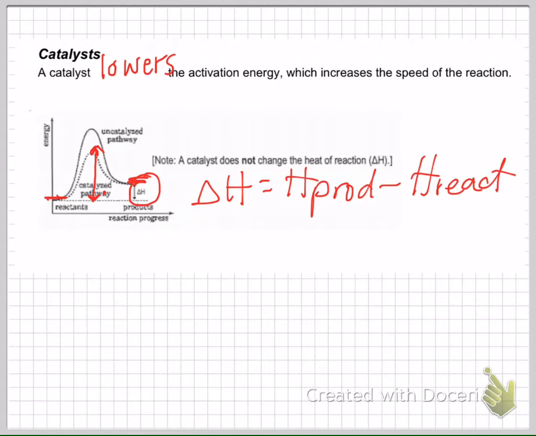If the heat of the products is, let's say, 20, and the heat of the reactants is 5, well, 20 minus 5 is still 15. That doesn't change from the catalyst. So again, a catalyst simply lowers the activation energy without affecting the heat of the overall reaction or the energy of the overall reaction.